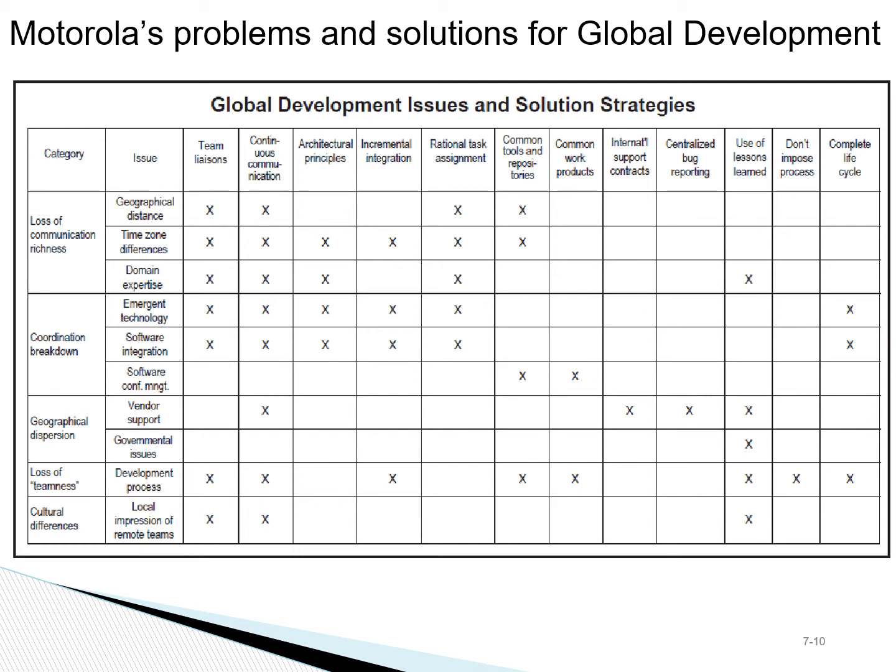For example, to address software integration challenge, they assign a team liaison to improve the communication. They have continuous communication with the team members, and they establish architectural principles and many other things, as you can see on this table.